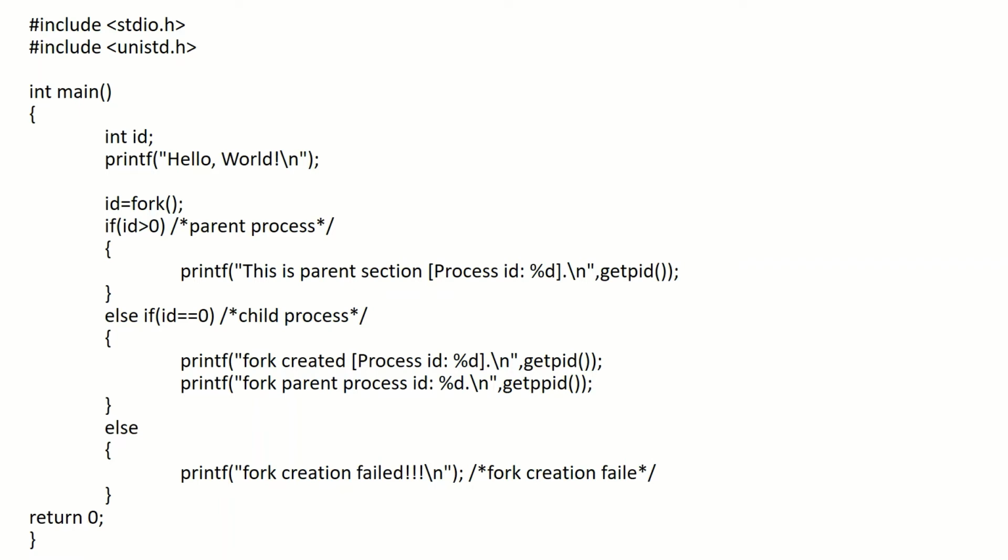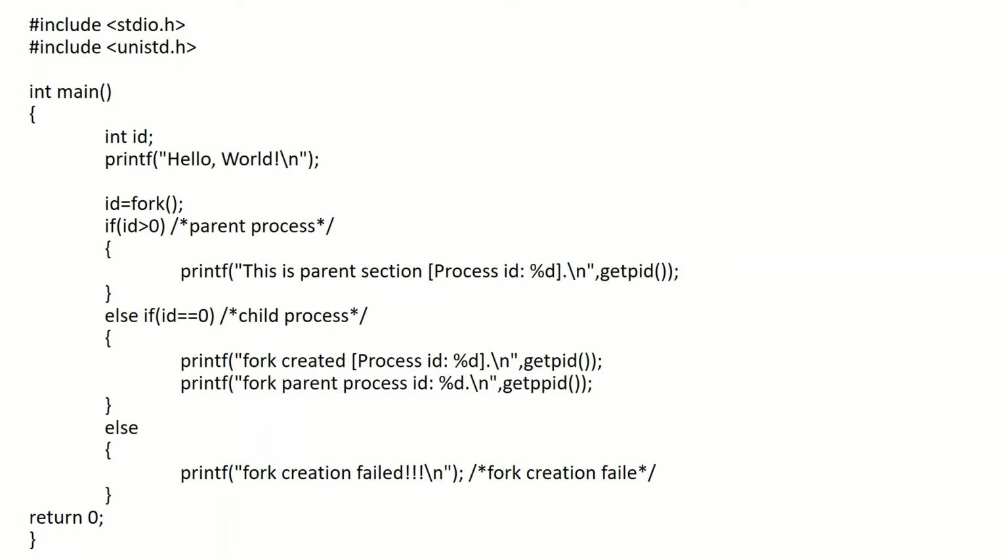If ID is greater than 0, then the parent process has started, and the process ID is printed with getpid, the process identifier. Otherwise, if ID is equal to 0, then a new process, the child process, has been created.